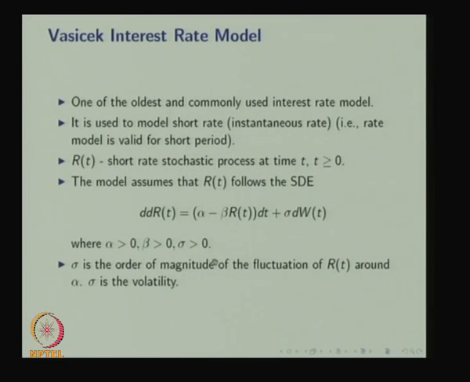Sigma is the order of magnitude of the fluctuation of R of t around alpha. Sigma is the volatility. So we are going to find the solution of this stochastic differential equation.